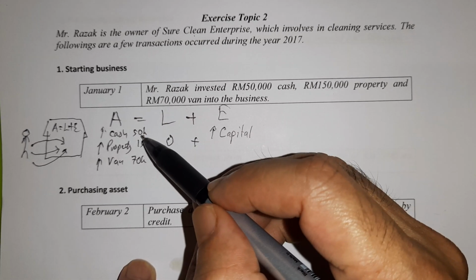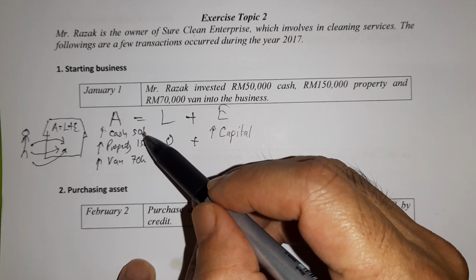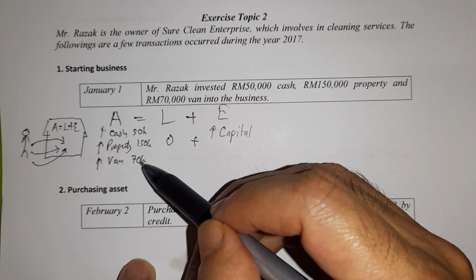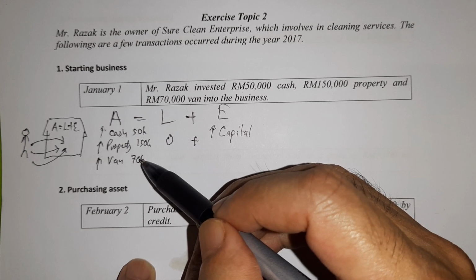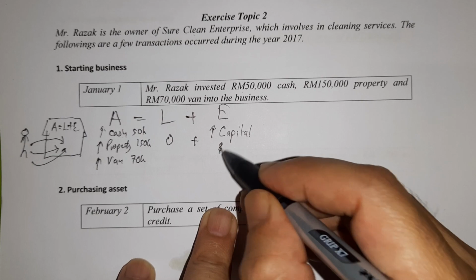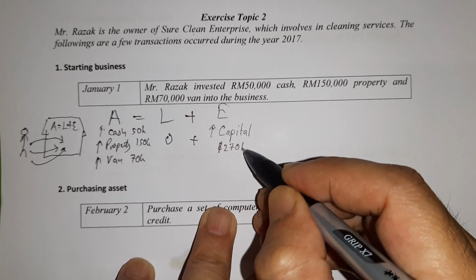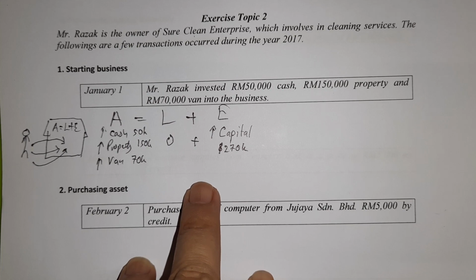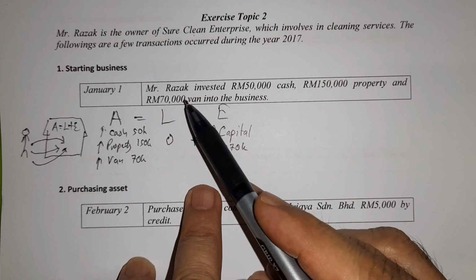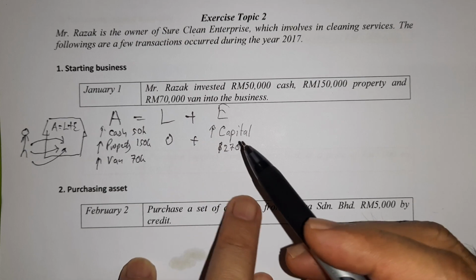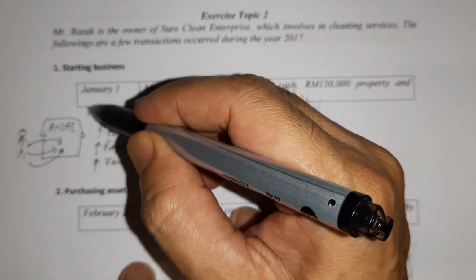The value of the capital is 50,000 plus 150,000 plus 70,000. So capital has increased by $270,000. So you have answered the first question. You have shown the effect of the transaction on the accounting equation.